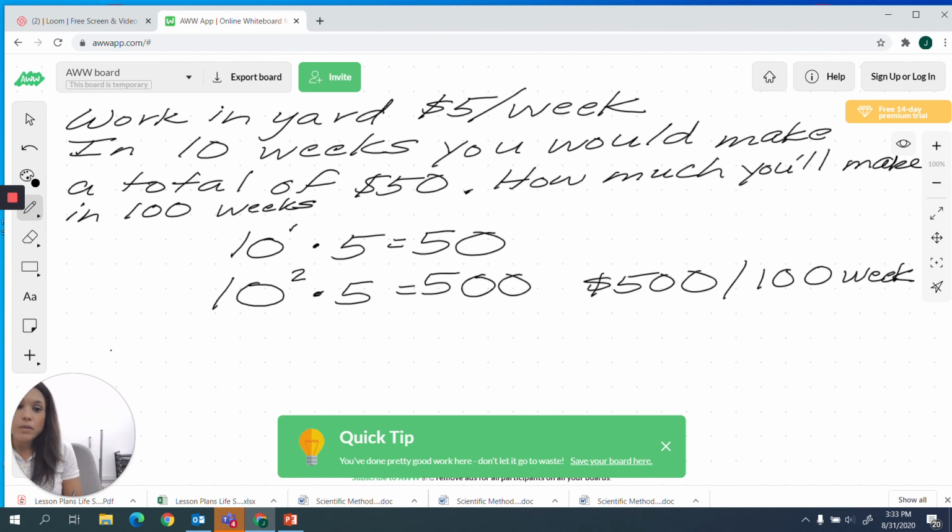Okay, now if you were really committed, what if you worked 1,000 weeks? How do I make 1,000 with a base of 10? I'm going to put an exponent of 3 because 3 zeros after a 1 make 1,000.